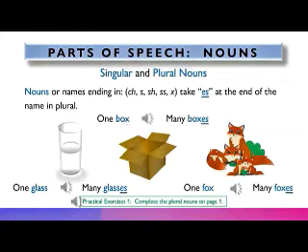One box, many boxes. One glass, many glasses. One fox, many foxes.